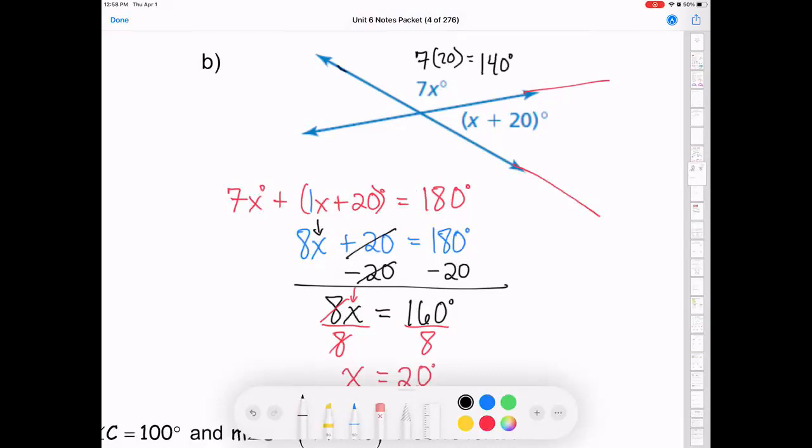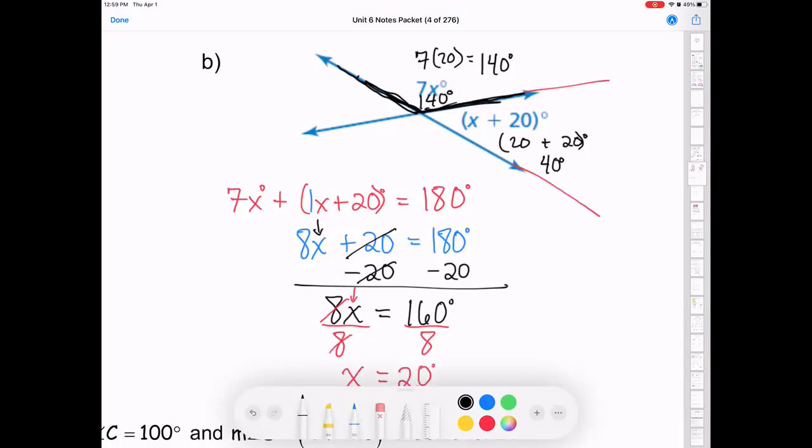So this angle right here represents 140 degrees. For my other angle, again, if I plug x in there, 20 plus 20, I would end up with 40 degrees.